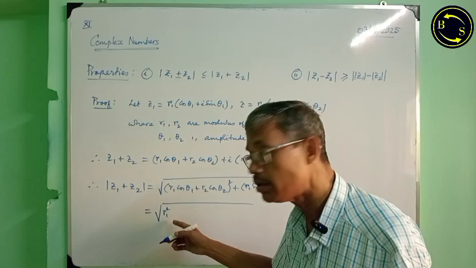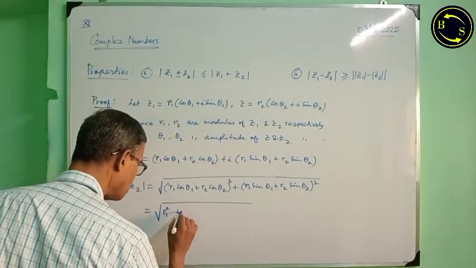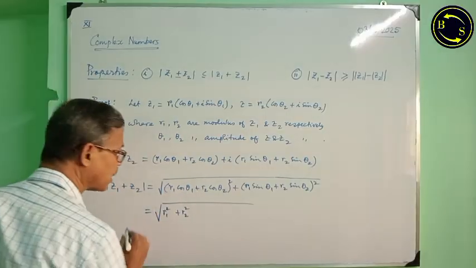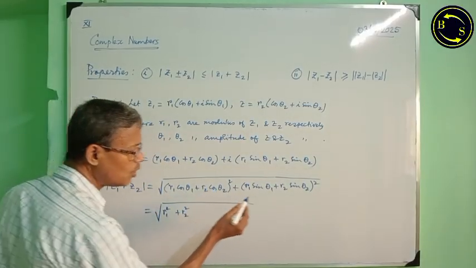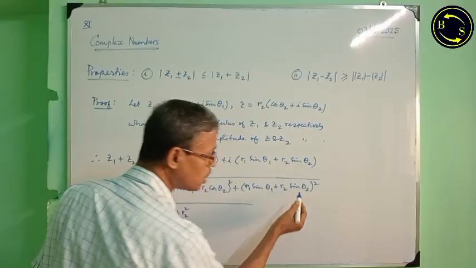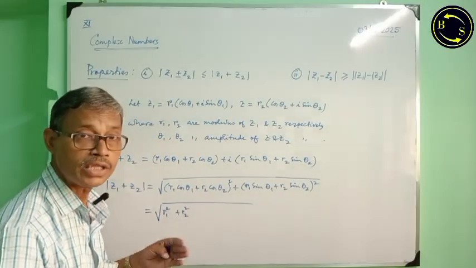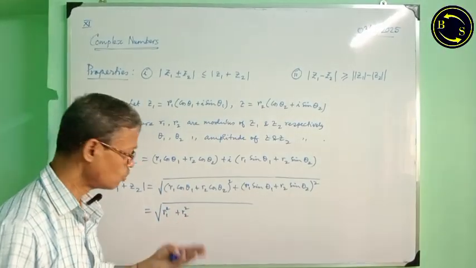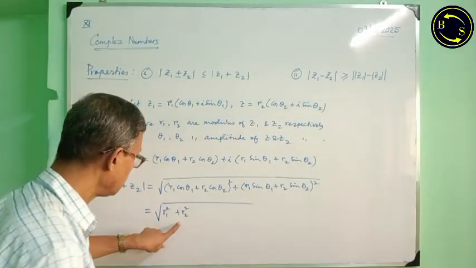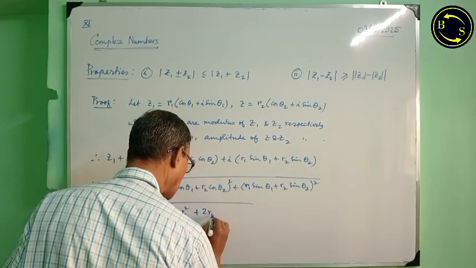That is why I have written directly r1 square plus r2 square cos square theta 2 plus r2 square sin square theta 2, taking r2 square common factor, then within brackets there will be cos square theta 2 plus sin square theta 2, meaning 1, finally r2 square, then plus 2 r1 r2 term.